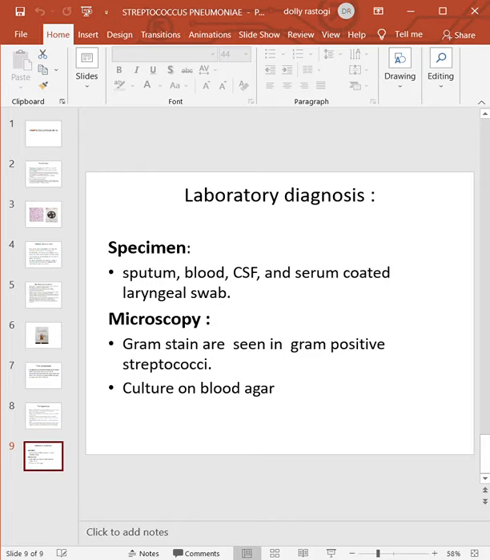In case of meningitis, Gram's staining of CSF may be done. The diagnosis is confirmed by further cultures.